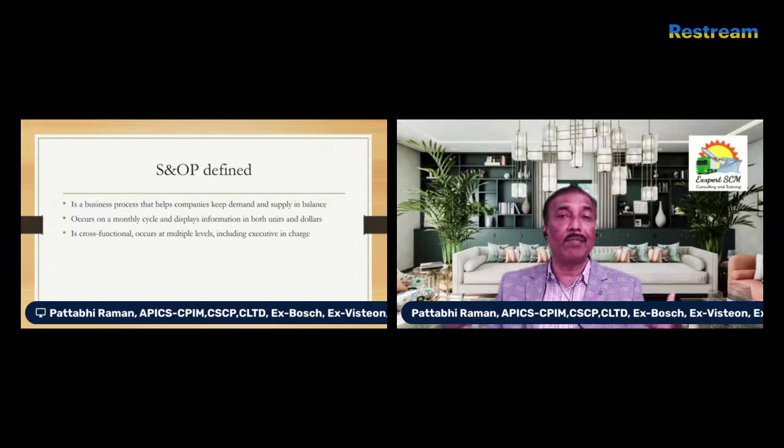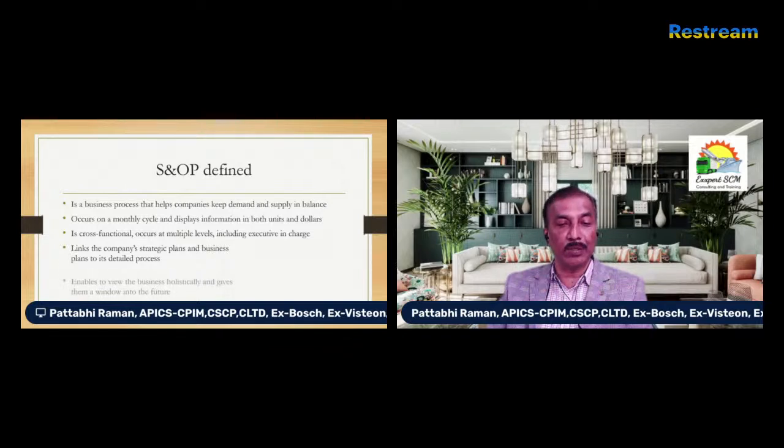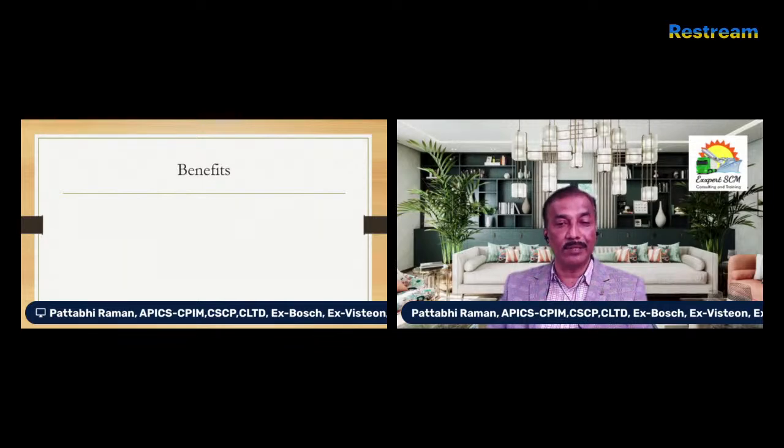Especially if you have multiple plants, multiple divisions, multiple products in a complex environment, this business tool really helps to find a solution. And this tool will link the company's strategic plan and business plan to a detailed process. It enables you to view the business holistically and gives a window into the future.